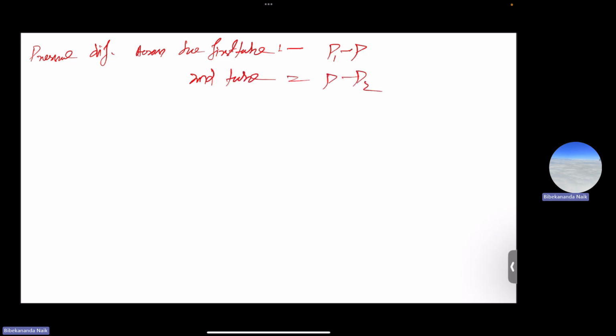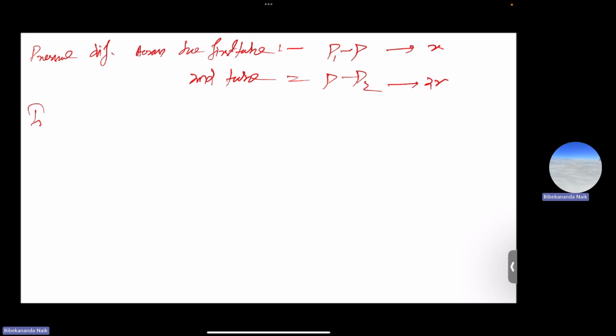The pressure difference across the first tube is P1 minus P, and across the second tube is P minus P2. This is radius R, this is radius 2R.